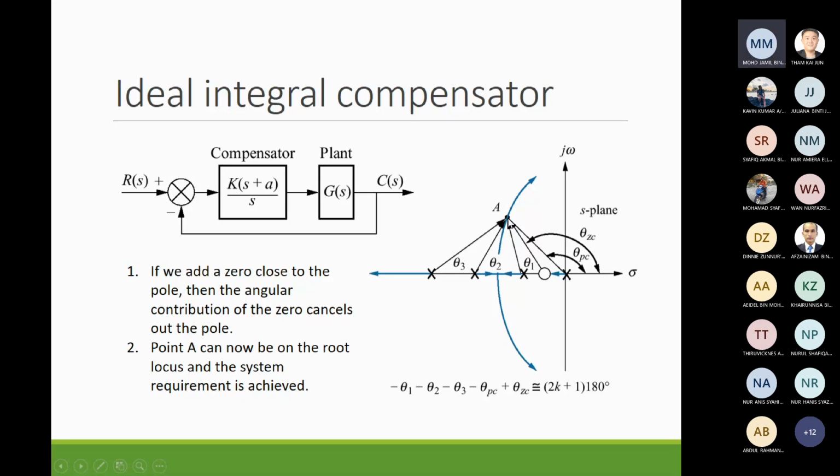If we calculate all the angles, we get point A as close as possible on the root locus, with the angle almost equal to 180 degrees. So if we add both the new pole and the new zero, theta PC and theta ZC, we get a new root locus that will cross at point A. So we have a similar system behavior as when there is no compensator.